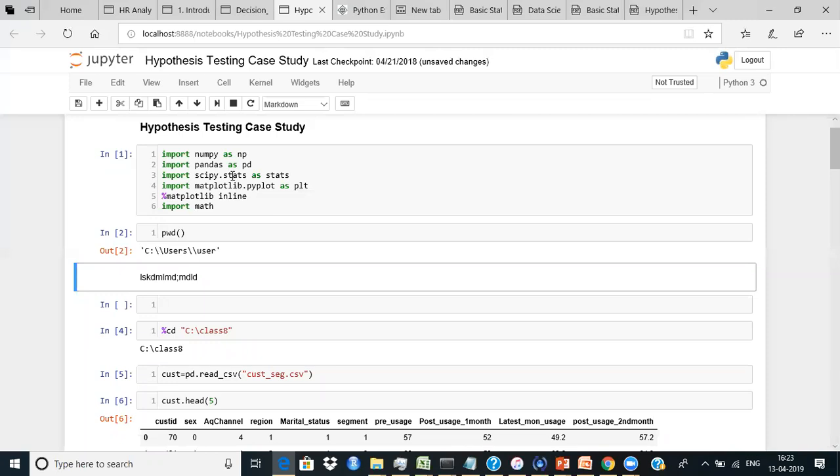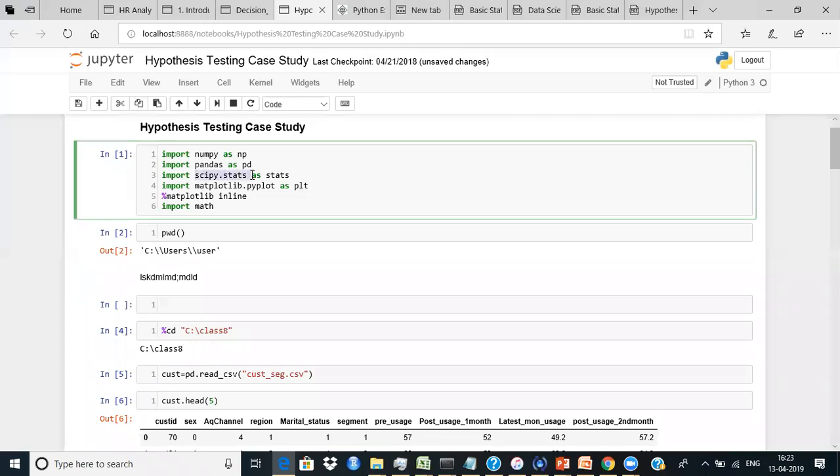Apart from NumPy and Pandas, the only module that we will require here is scipy.stats. From scipy.stats, we will require functions which do this hypothesis testing. So remember the name of the module, scipy.stats.